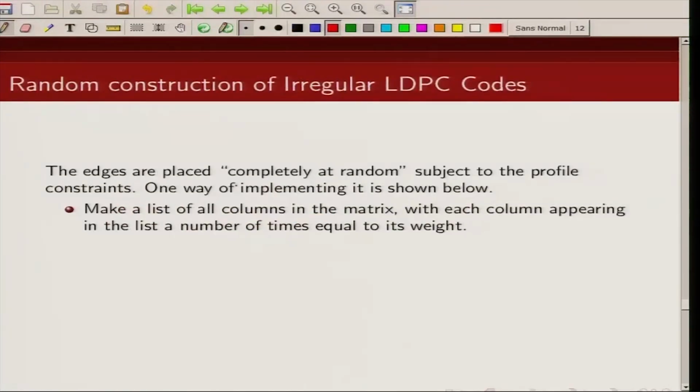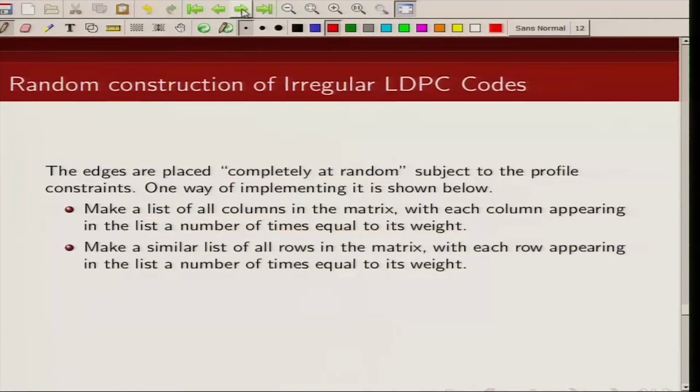So, we can place edges at random subject to the profile constraint, and one way of constructing it is as follows. Make a list of all columns in a matrix with each column appearing in the list a number of times equal to its weight. So, if let us say there are 5 columns which have weight 3, then you will repeat each of these 5 columns 3 times in this matrix.